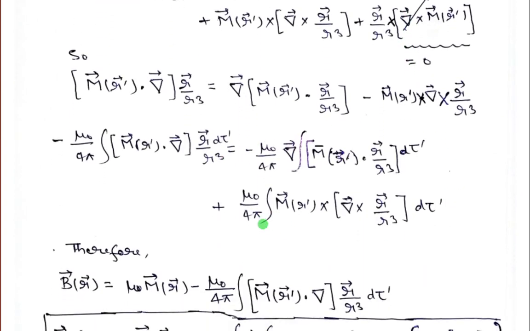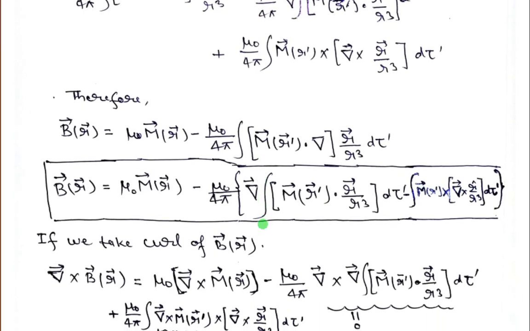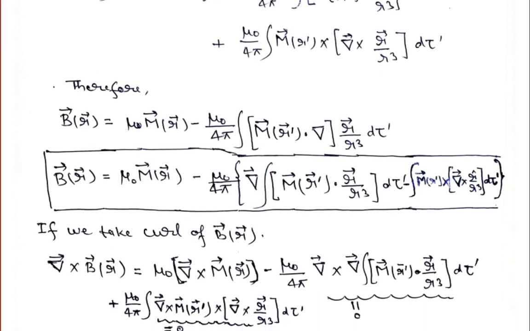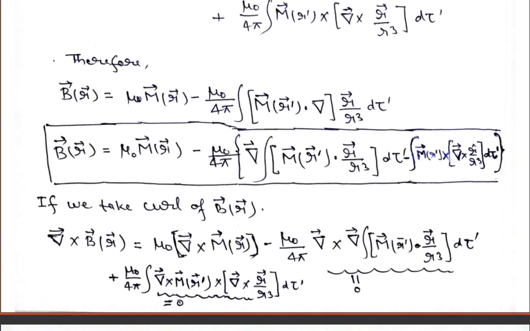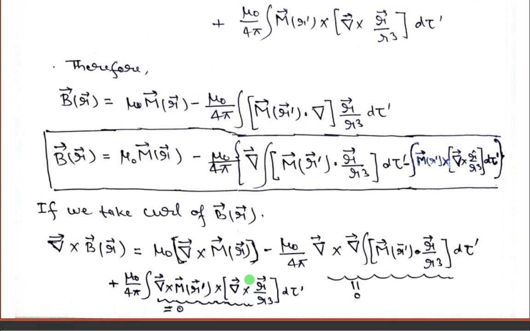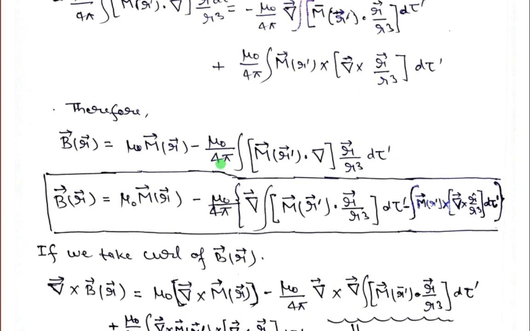So if you write that, what will we get? I have written here. So we will get this value, that is mu 0 capital M minus mu 0, you don't miss any point, minus mu 0 bracket close. If you don't write minus 1, this will be plus. So I have written in a medium bracket, del operator on divergence of M vector dot with r vector upon r cube.